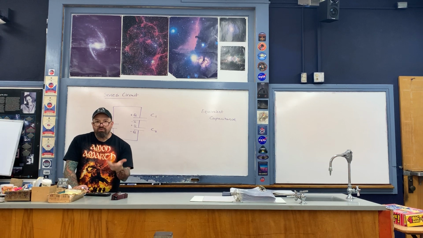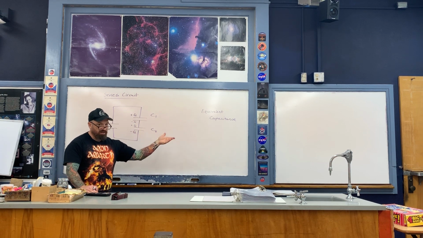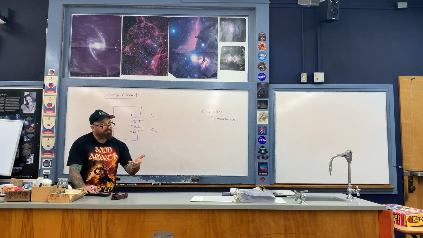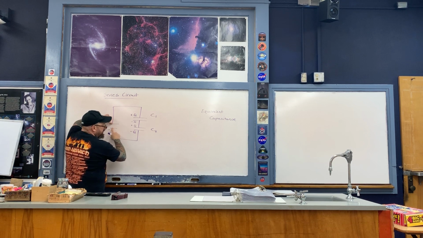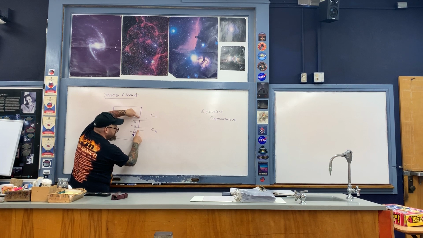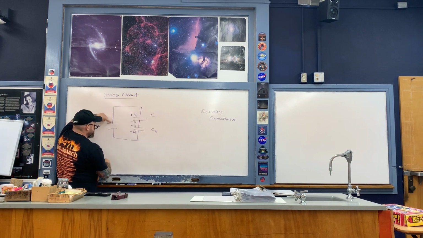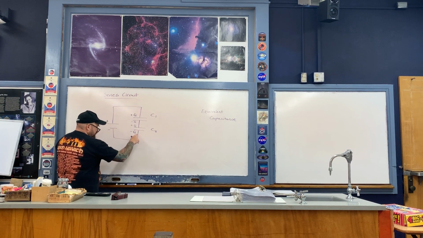Okay, now how do I arrive at a statement for equivalent capacitance with a series circuit? Well, we note first of all the following. The potential difference of the battery here is V. That's the same thing as the potential difference between this point here and this point here, because once these capacitors have been charged up, this right here is an equipotential surface, and this right here is an equipotential surface.